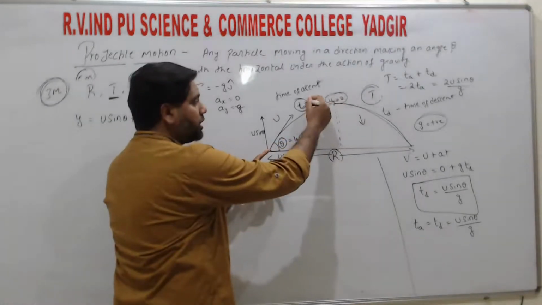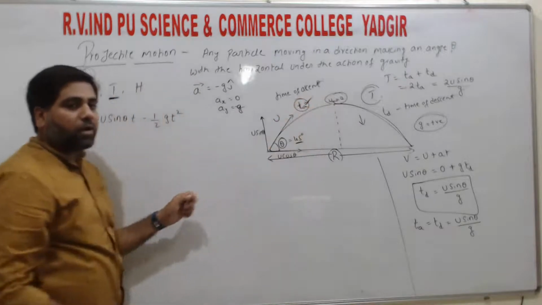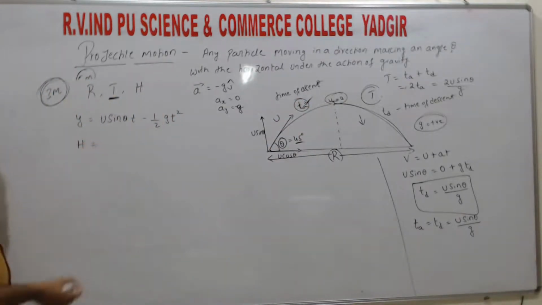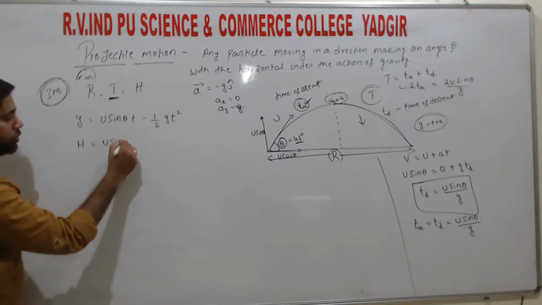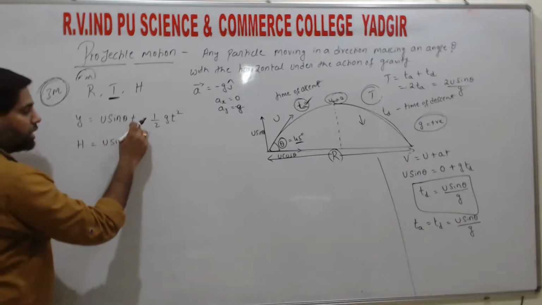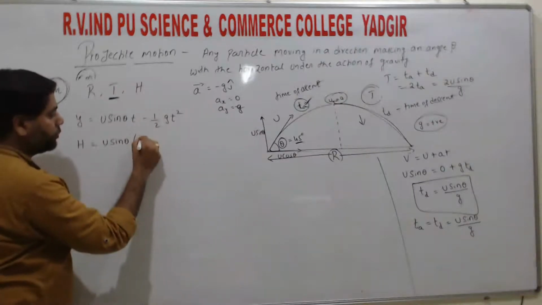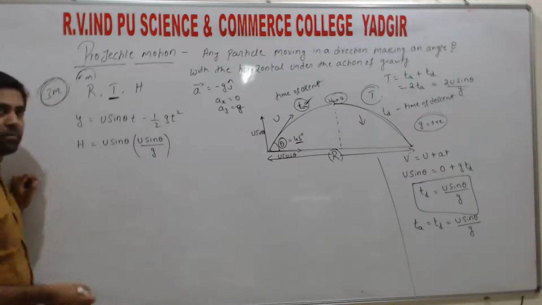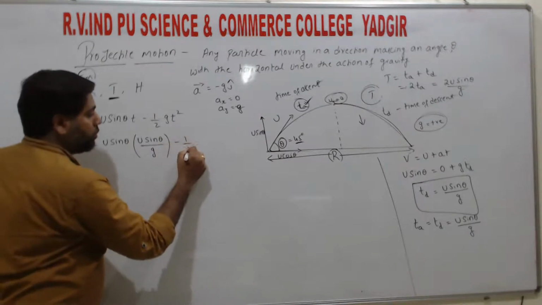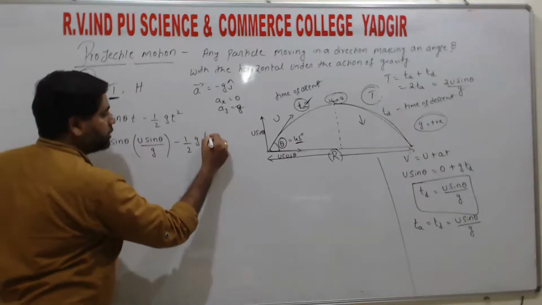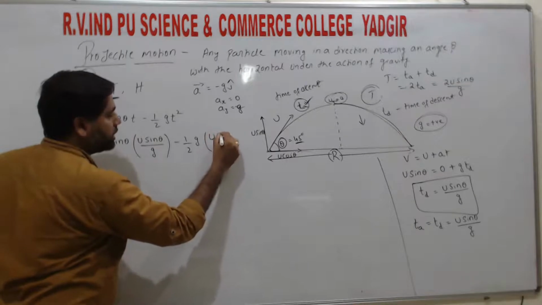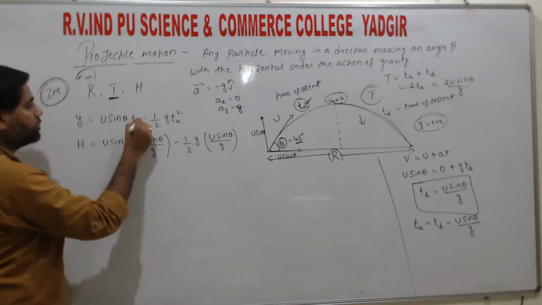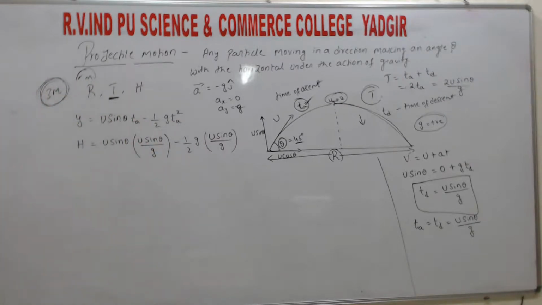So this y we replace by h. So u sin theta into the time of ascent, which is u sin theta by g, minus 1 by 2 g, and t is again u sin theta by g, this one as the time of ascent, right?